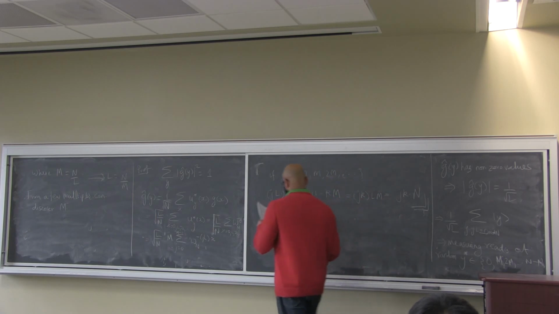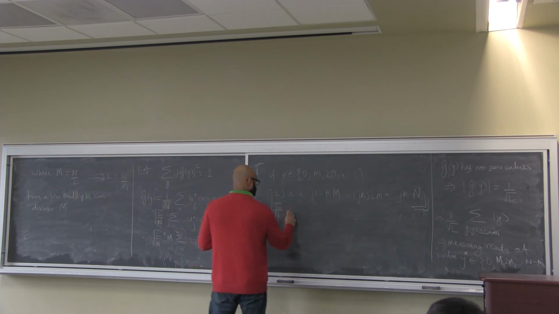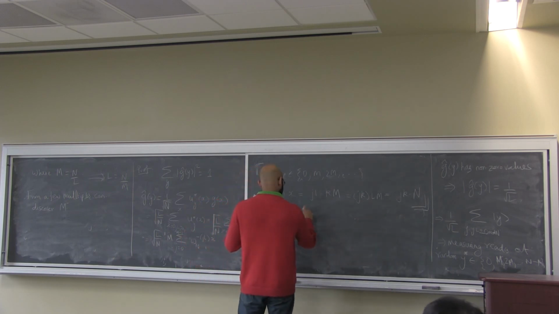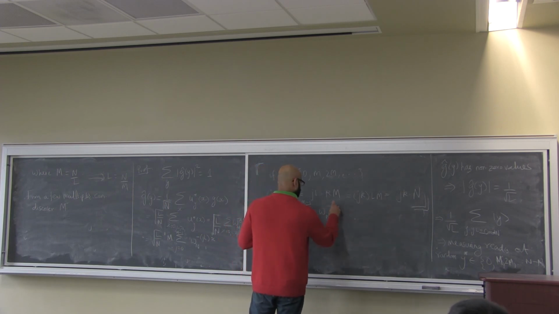So therefore, this summation can be written as square root L over n times m, times the summation j equal to 0 to m minus 1 of omega_n to the power minus jk times m.